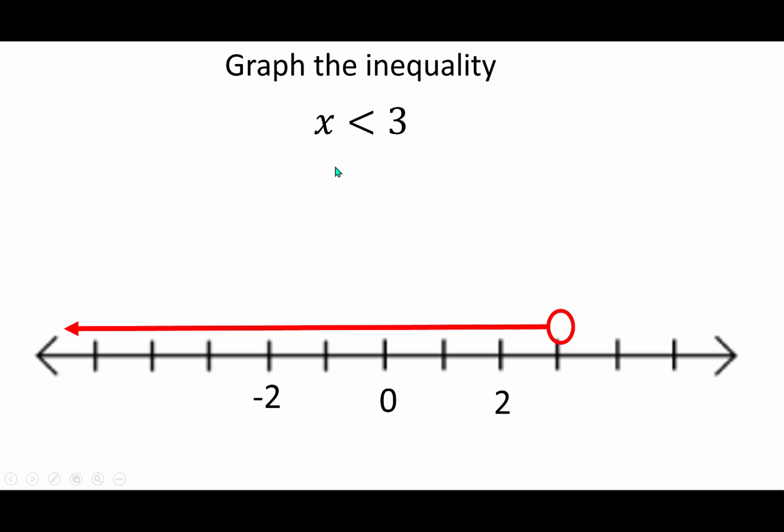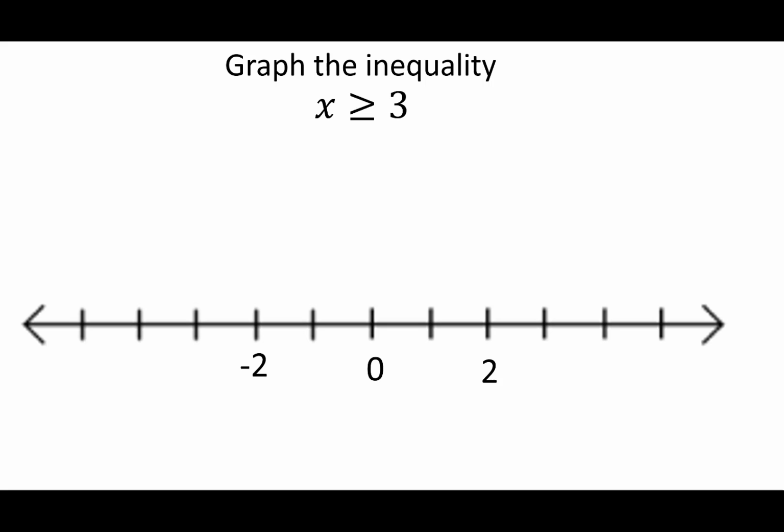Both 2 and negative 2 are less than 3, but we have a whole host of other numbers. Anything on the left side of the number line is going to be less than 3 in this case.